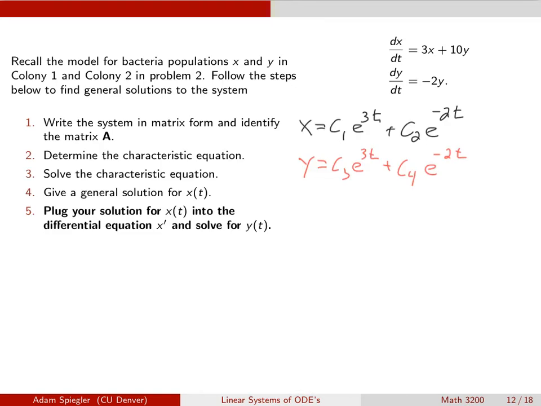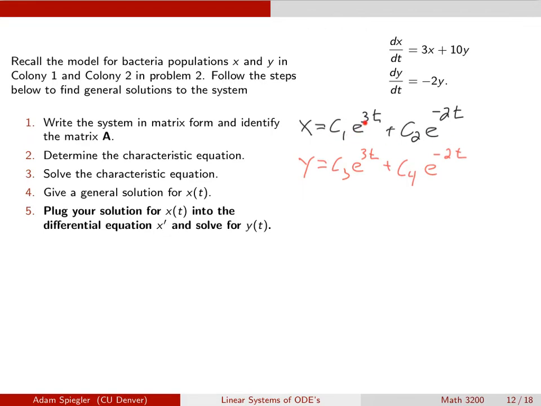Okay, so in the previous slide, we found the solution to the system of differential equations over here: dx/dt is 3x plus 10y, dy/dt is minus 2y. We found the eigenvalues of that matrix of coefficients to be 3 and minus 2. So we know that our solutions for x and y should have things like e to the 3t and e to the minus 2t.